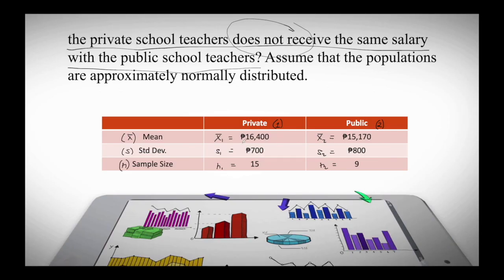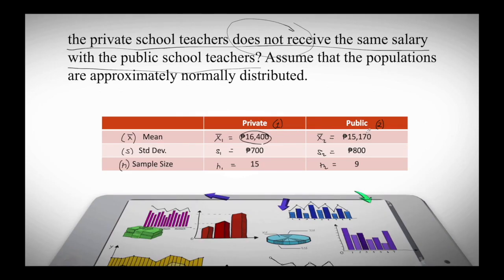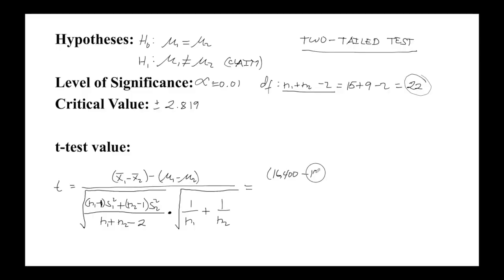Ito po sila: 16,400 minus our x bar sub 2, which is 15,170, minus mu sub 1 minus mu sub 2.